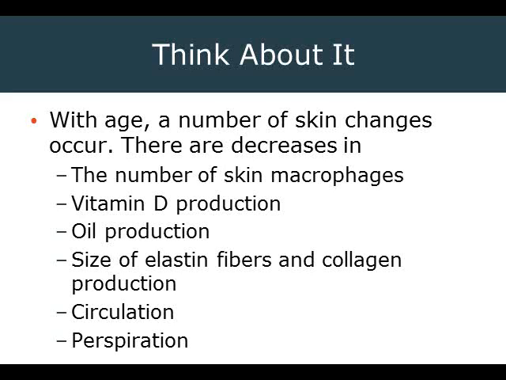Vitamin D production decreases, causing us to have an increased risk for bone problems and fractures. We see the elastin fibers and the collagen production slow down. That gives us more deep furrowed wrinkles, not the nice tight taut skin that we had in our youth.